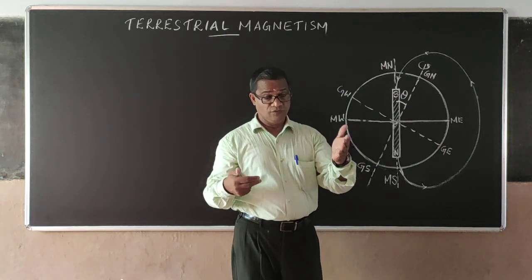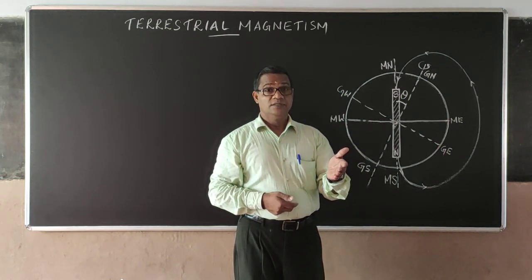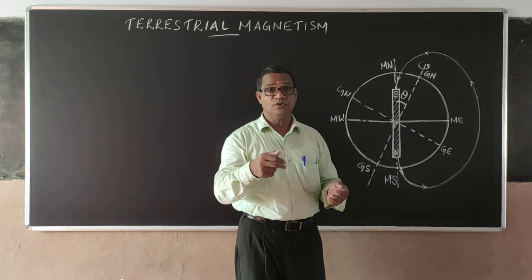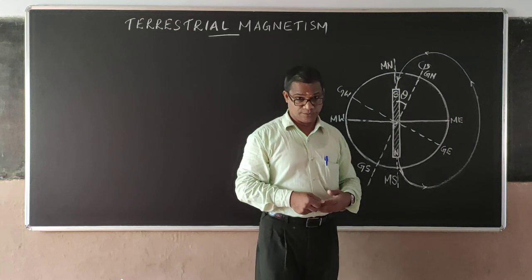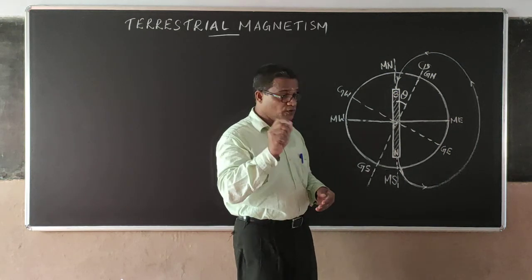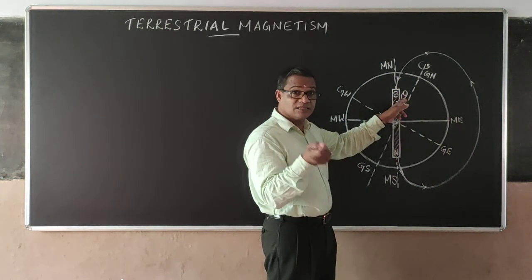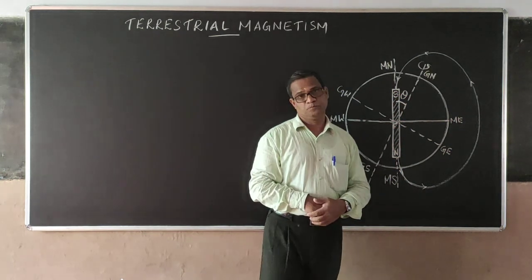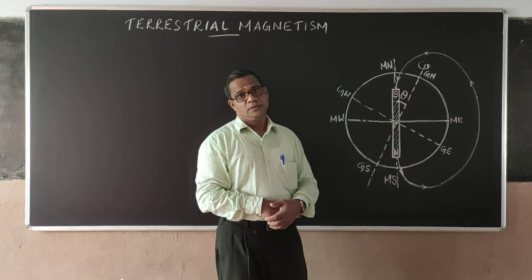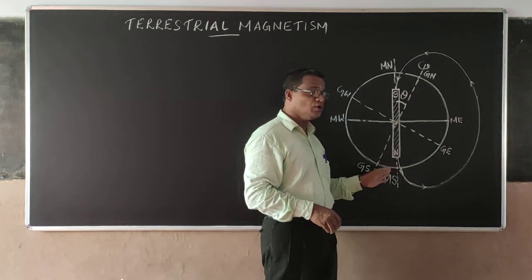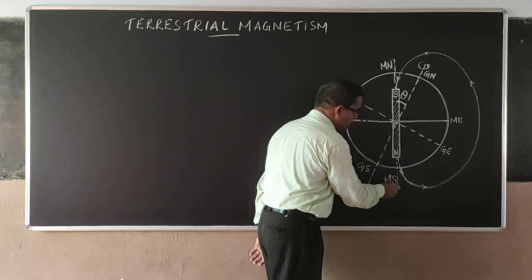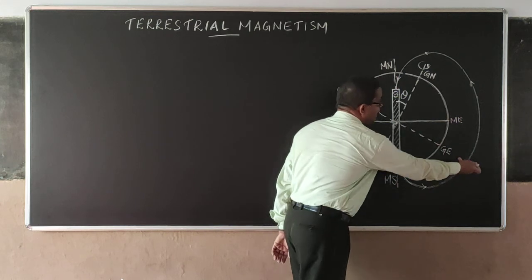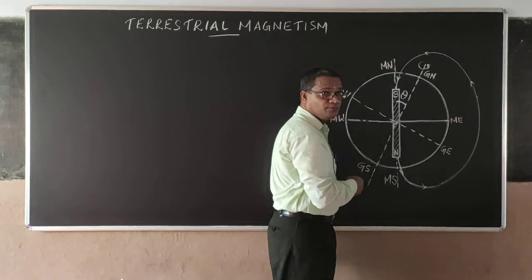This magnetic north and south is named after the freely suspended magnet's alignment. Its north pole will always look towards the geographic north, and its south pole will always look towards the geographic south. The reason for that is the Earth magnet has its south pole over here and north pole over here. Therefore, the Earth's magnetic field starts from the north pole of the Earth magnet and goes to the south pole.